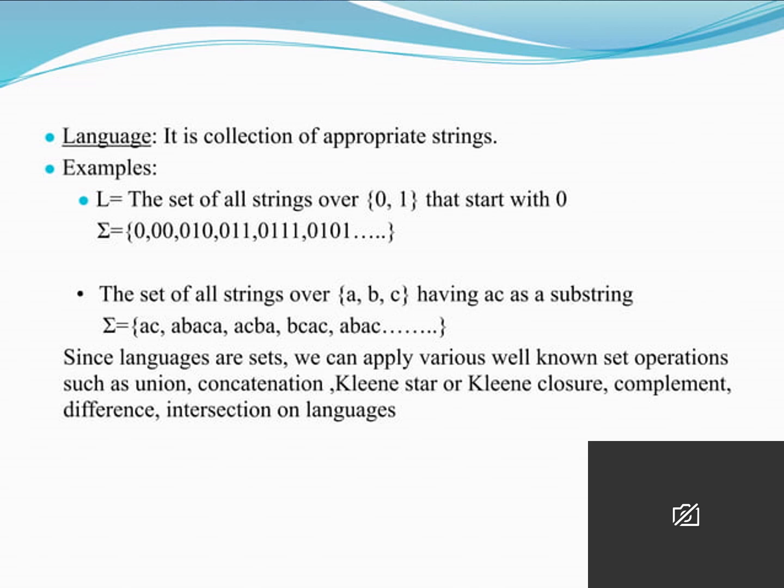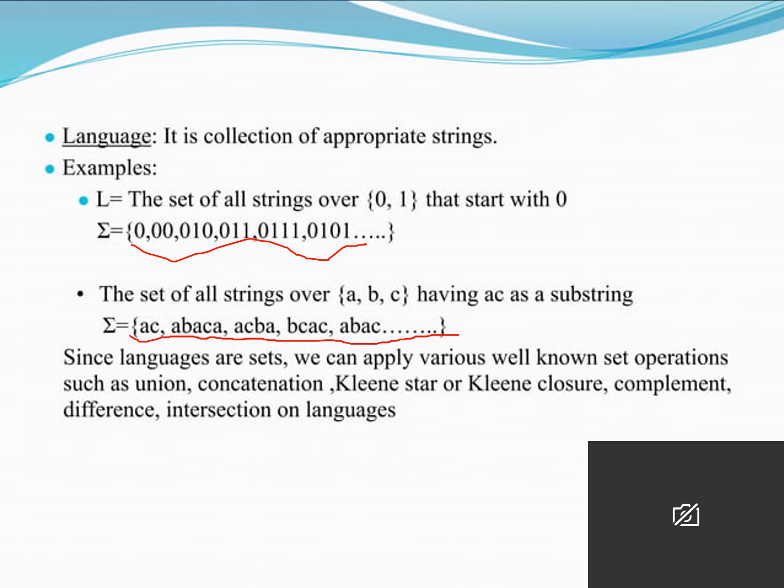These are all various sets of strings. If you collect all of these in one set, then it is known as a language. For example, the set of all strings over A, B, C having AC as a substring. Like that we can have many related strings, and these sets of collections are known as languages.